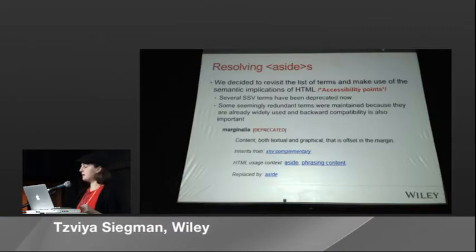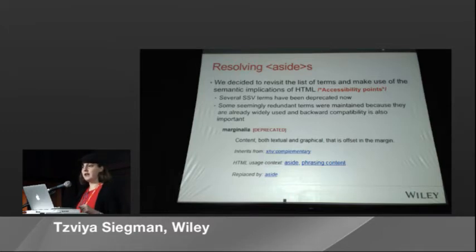We decided to revisit the whole concept of asides and other block level elements, and we ended up cutting it down to, I think, 4 or 5 terms that can be used. So what we did was we decided to revisit the list of terms, as I mentioned, and make use of the semantic implications of HTML.